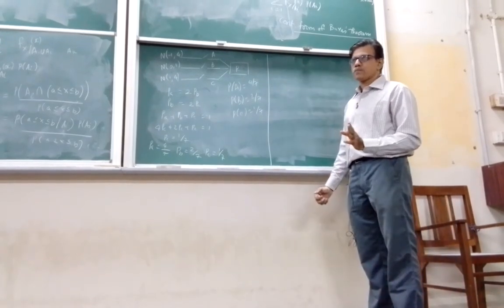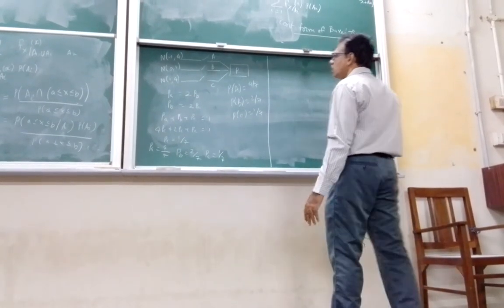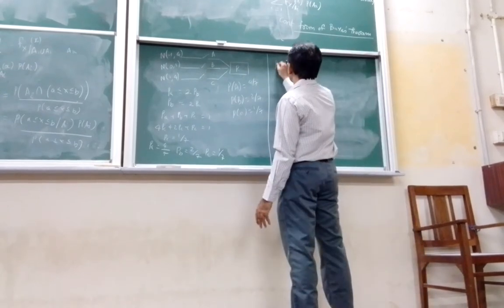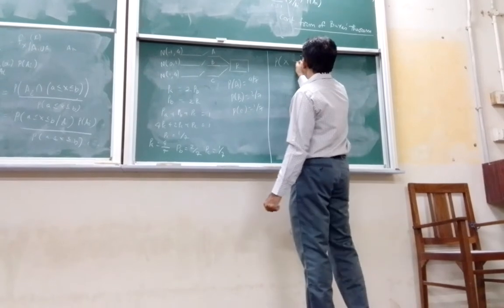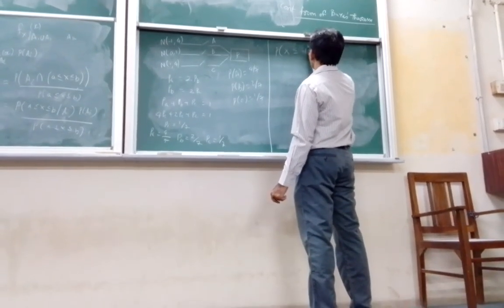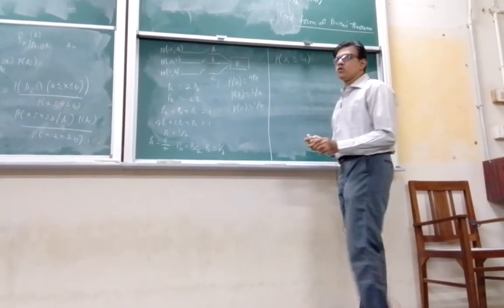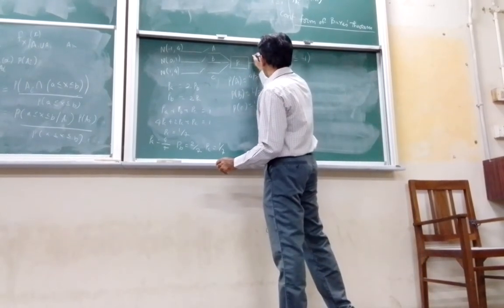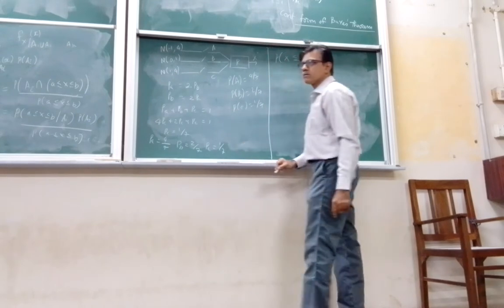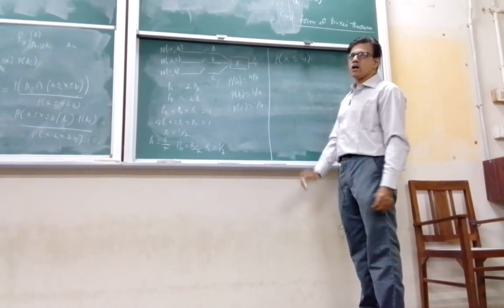Is the question. So, for example, if you ask the question, what is the probability that x is less than or equal to minus 1? If that is the question, for the signal that you get here, that you call x, that random variable x is less than or equal to minus 1, how do you find it?